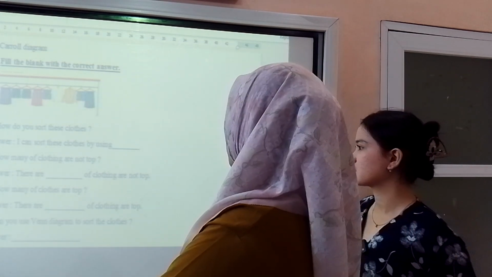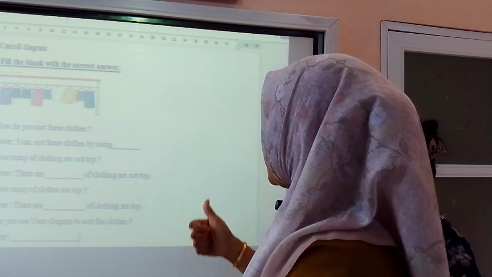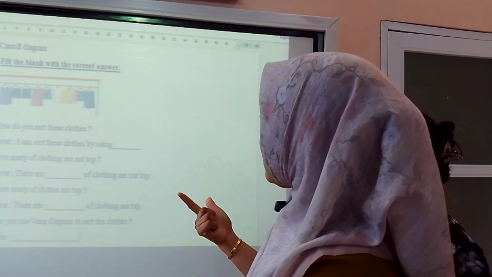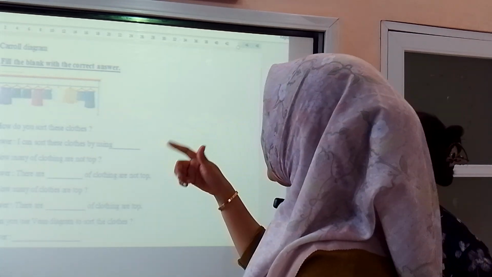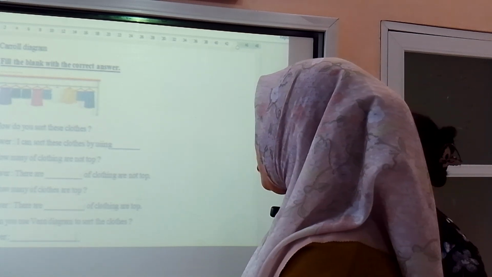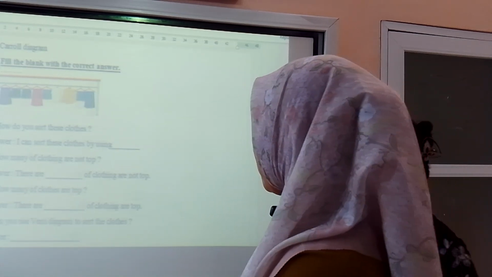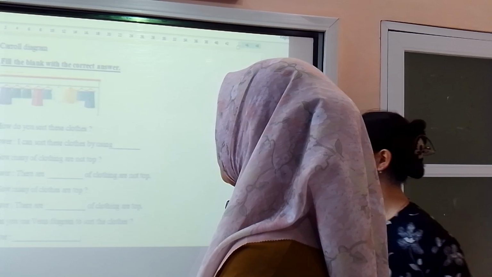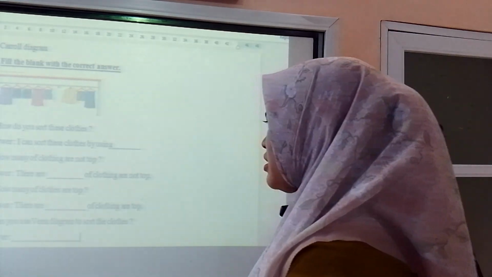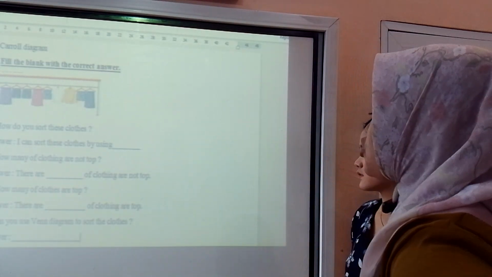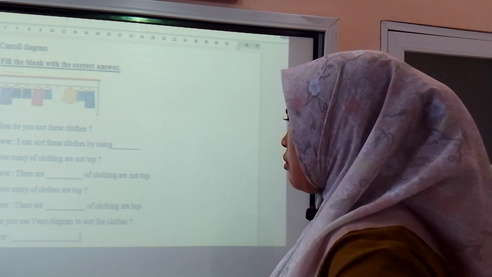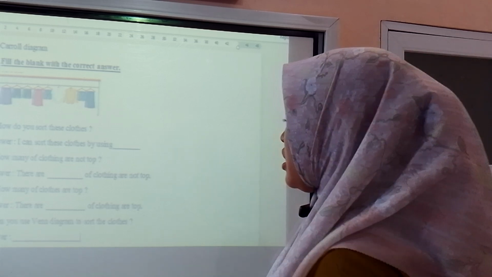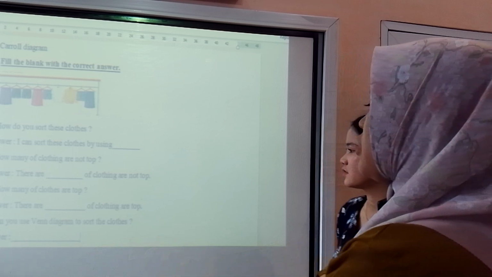There are 7 that are not tops: skirt, short pants. They can count by themselves. And how many of the clothes are tops? There are 2 tops: shirt and t-shirt.